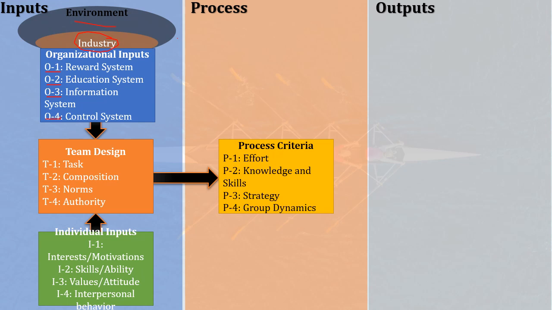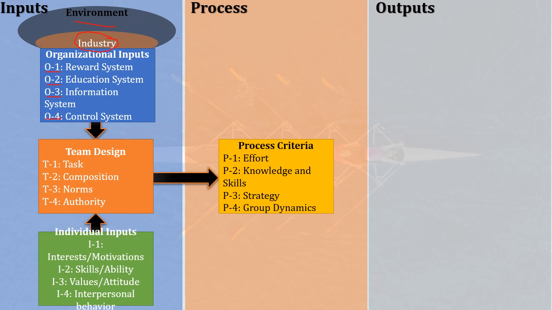Now again if you observe, there are codes allocated for each criteria. For organizational input the code is O, for team design the code is T, for individual inputs the code is I, and for process criteria the code is P. Once we invest our inputs and go through a process, we come out with an output.